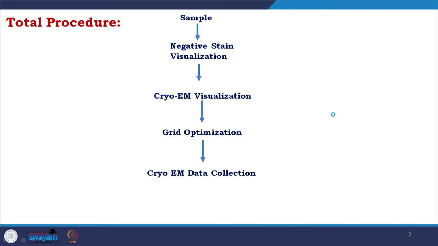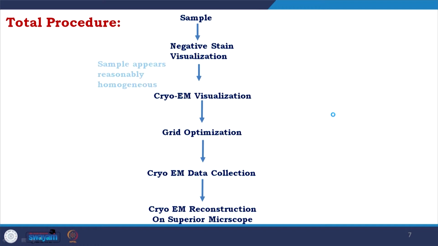Then you will do the cryo-electron microscopy data collection, and ultimately you will do cryo-EM reconstruction on a superior, high resolution microscope. So, these are the basic steps: sample, negative stain visualization, cryo-electron visualization, then grid optimization, cryo-electron data collection and data reconstruction. But this is if the sample appears reasonably homogeneous.